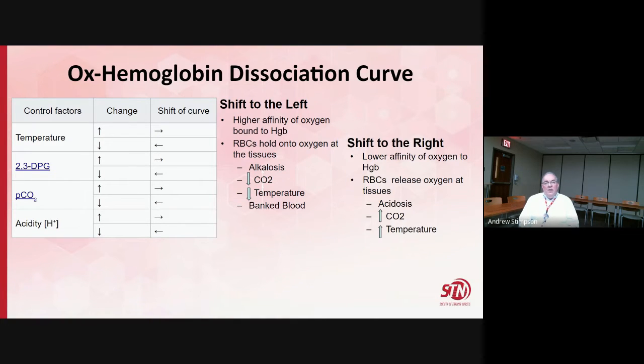When you donate blood and it's been in the blood bank for a while, the amount of 2,3-DPG goes down. So banked blood doesn't unload oxygen as well as normal blood, and it takes a while for that to correct once it's given to a patient. So it's another reason why, while we do give blood, it may not be increasing oxygen delivery, the oxygen that dumps off at the tissue level, as well as we think. So something to keep in mind.